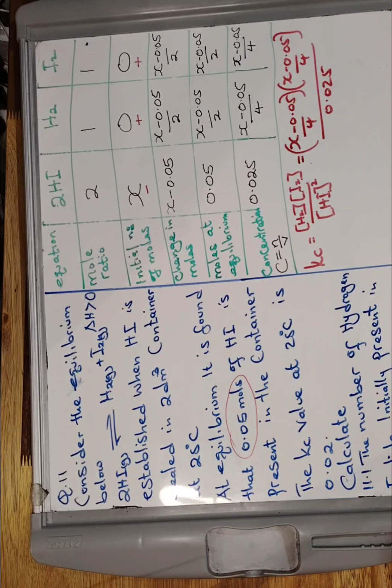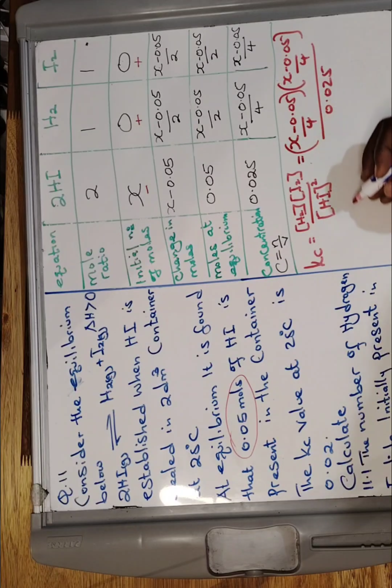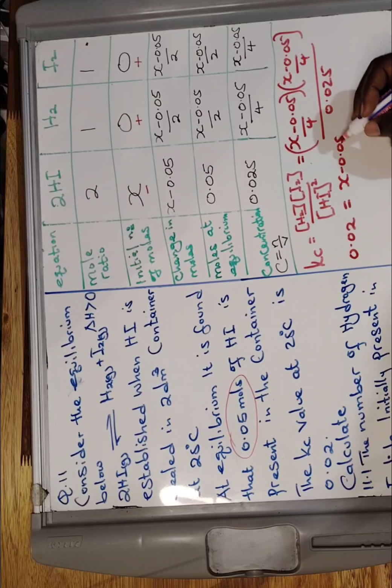Okay, so from there, we substitute for our Kc, we have it. So we are going to have 0.02 giving you X minus 0.05 divided by 4 squared, all of it over 0.025.